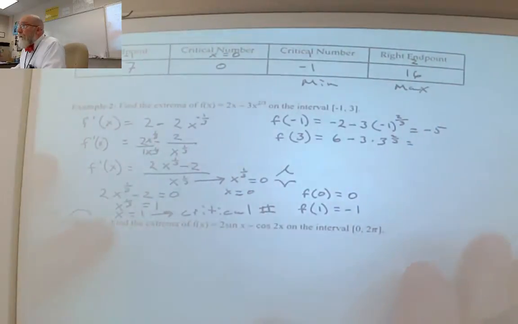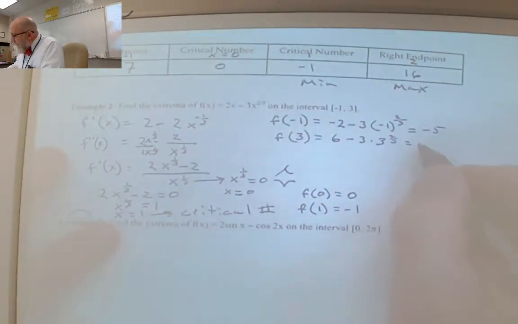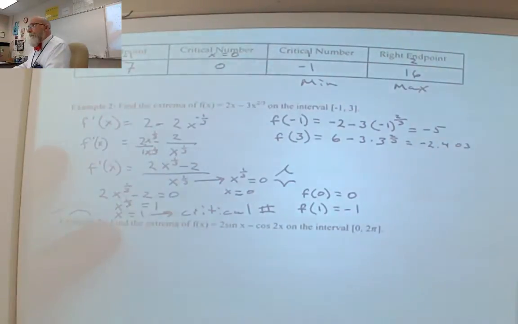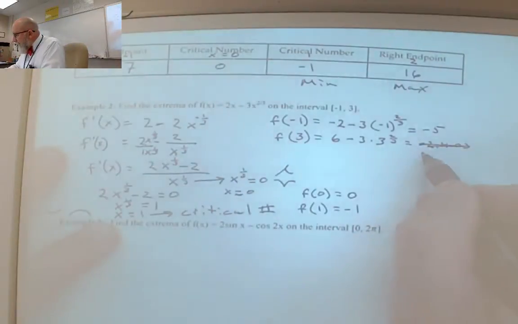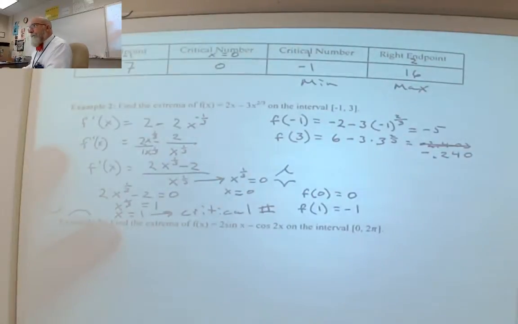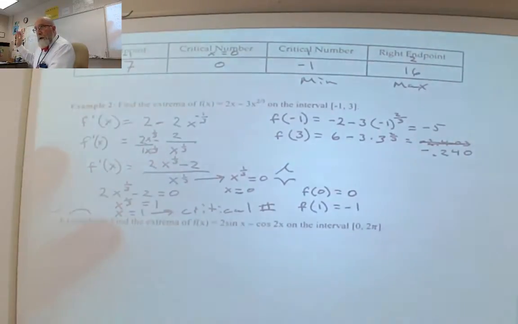Negative 0.24. Right? I could just drop the 0, right? Everybody with me on that?